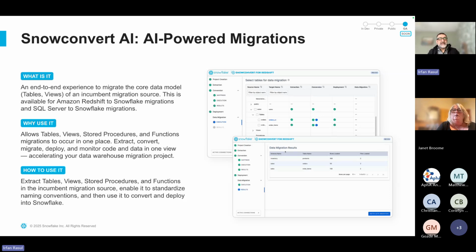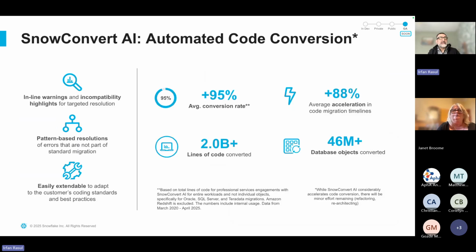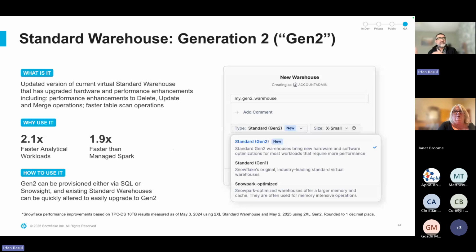We get a very high success rate on the actual database objects. It varies a little bit on the code, just to be transparent around that. So you can see it can do quite a high level of migration of database objects, so tables, views, etc. Those tend to be not a challenge. It can move those fairly well, and it can do quite reasonably well in terms of converting code as well.